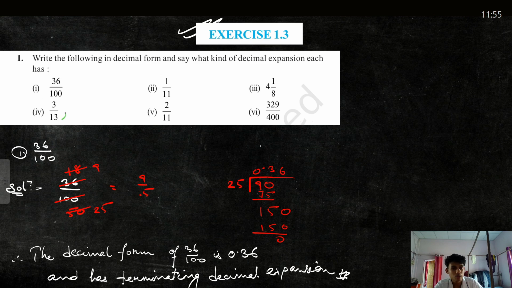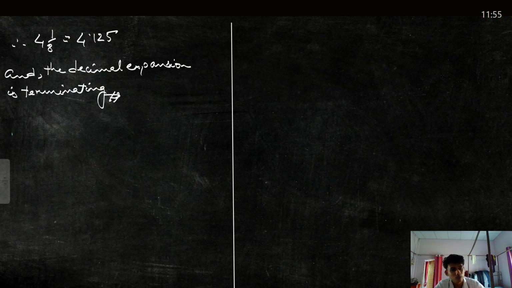Now comes the fourth question, 3 by 13. Again, the numerator is less than the denominator, so we use the same process. 13 times 0 is 0.